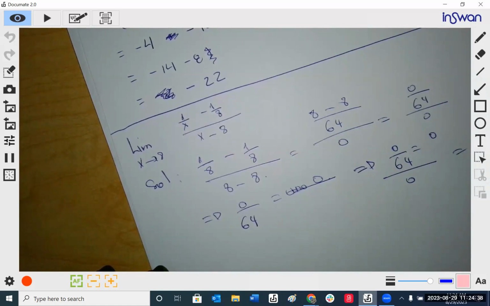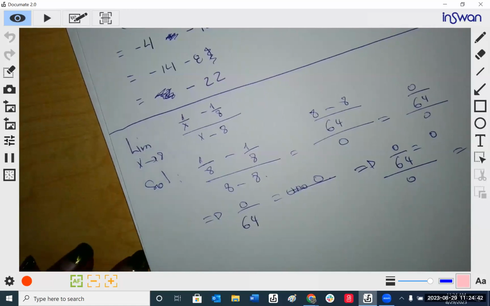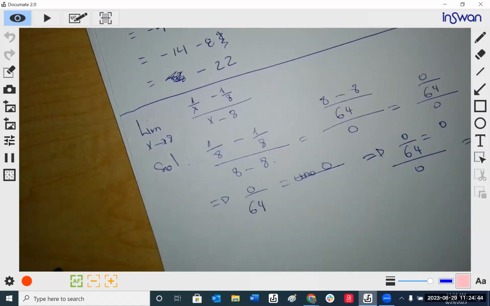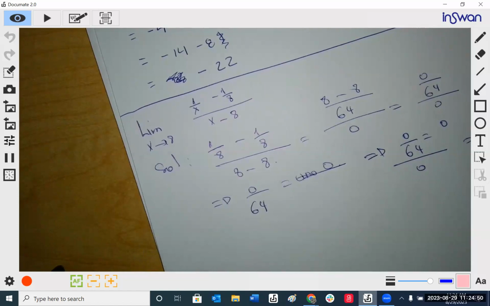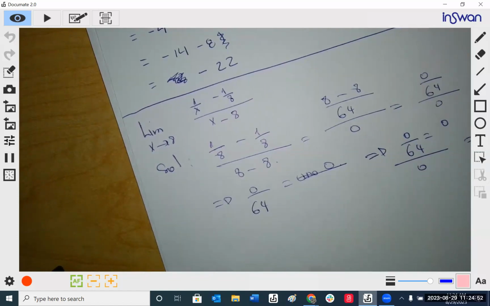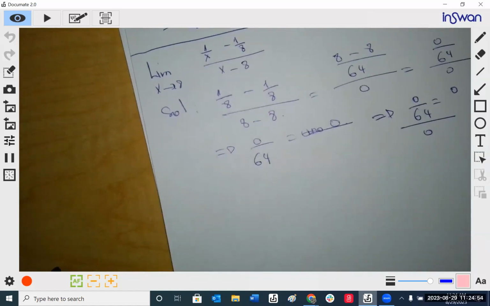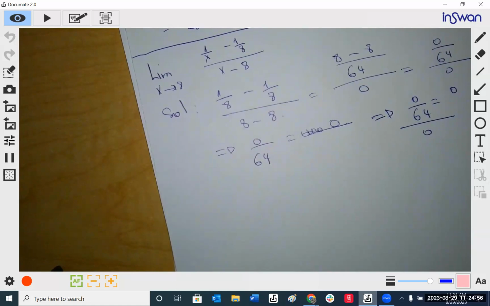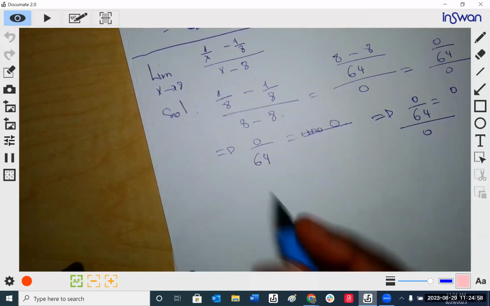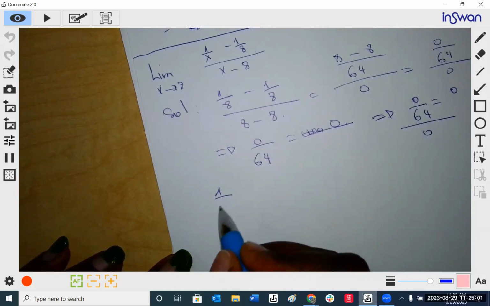You can do something to make it give you an answer. So you have to do algebra now. On the original equation, work that one out. Combine everything, simplify it.